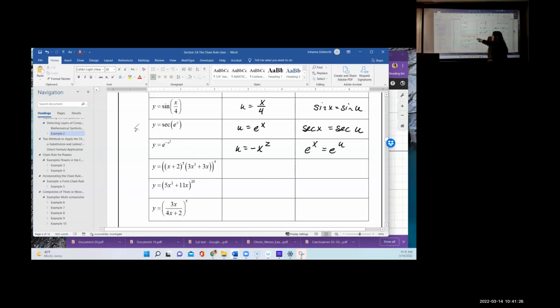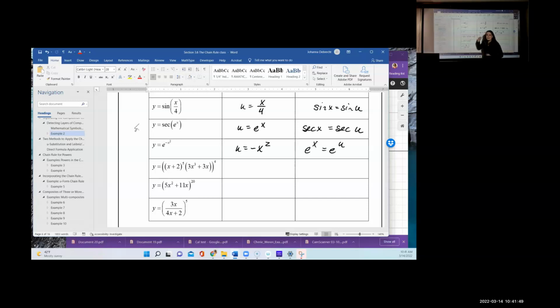The answer to the next one is a little bit tricky, but if you again imagine, what would I do if I actually had a number like 1? I do 1 plus 2, which is 3, then raise that to the 5th. Then I do 1 cubed is 1 times 3 is 3, plus 3 times 1 is 3, so that'd give me a 6. And then I'd have 6 times that 3 to the 5th.